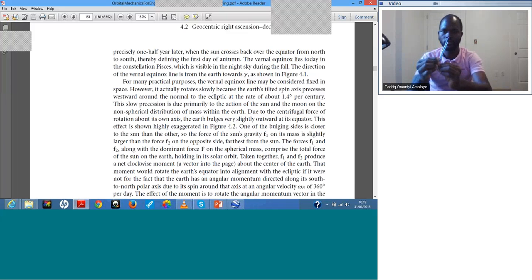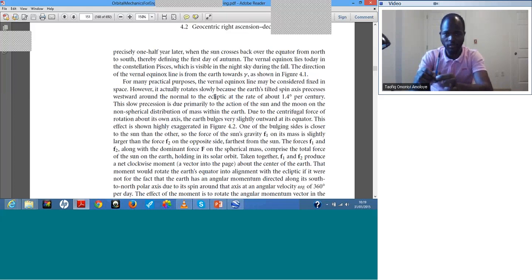So it's slowly doing something like that. Notice that this other end of the pen is not moving away from the original point, but this other end is making out a form of circular path. So that's what precession means.